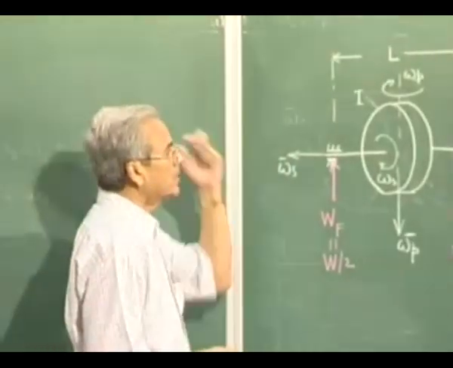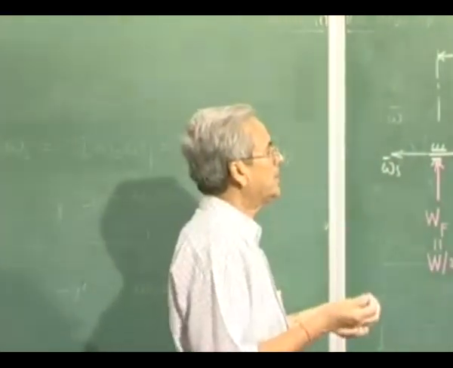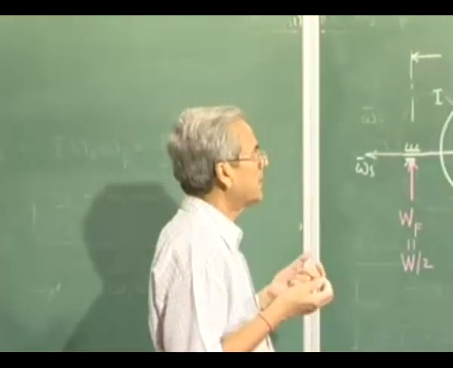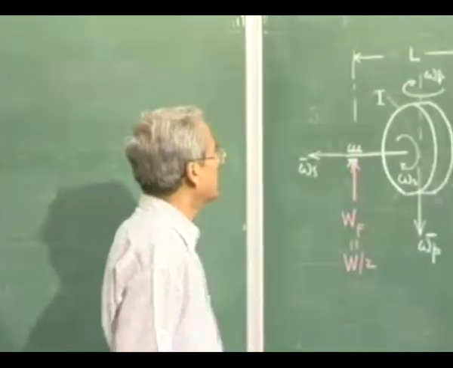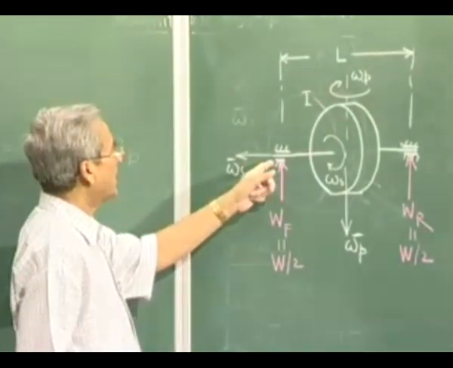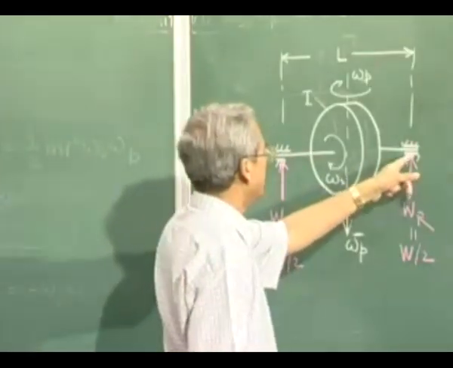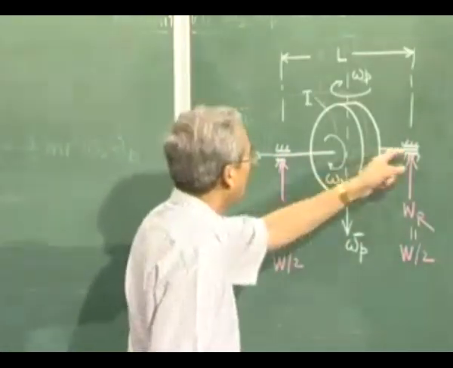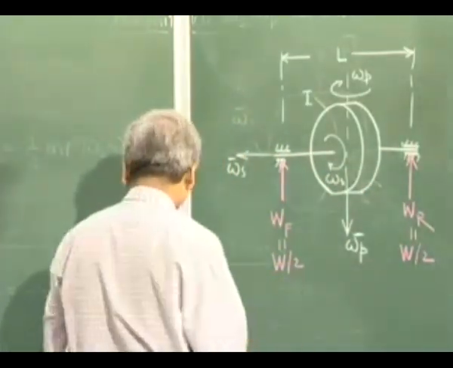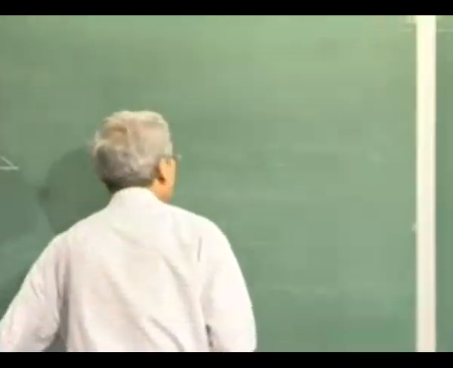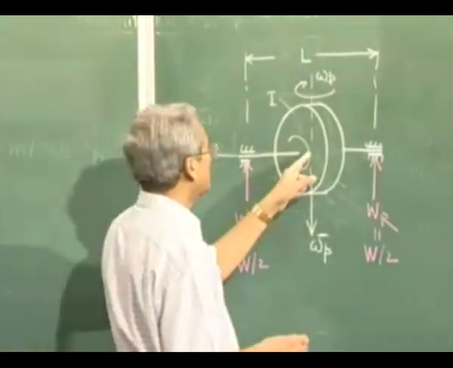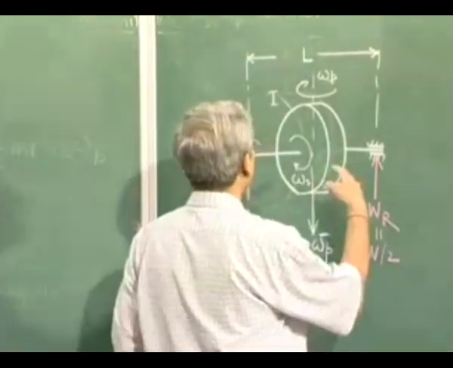Now, how can a body be subjected to an outside moment? In this particular case, the only place where it can get some external force or moment is from the bearings. So on the shaft of this rotor, there must be forces whose resultant effect on this body will be a moment in this direction.